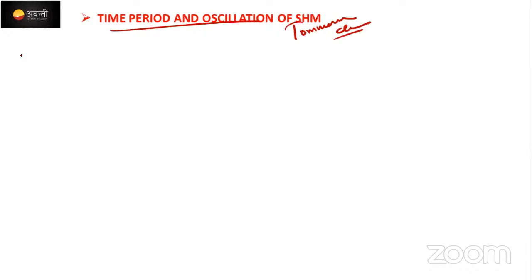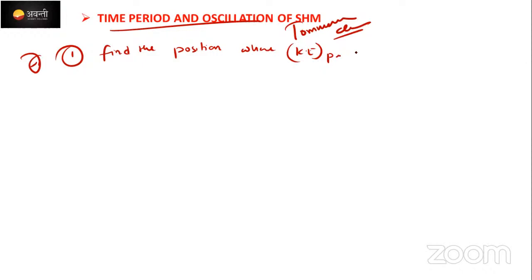एक क्वेश्चन है. क्वेश्चन क्या है ना, लिख दो क्वेश्चन एवरीवन. क्वेश्चन ये है, find the position where kinetic energy of the particle is equal to potential energy of the particle.